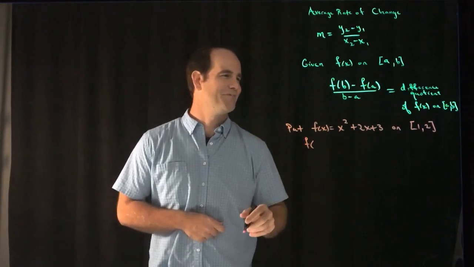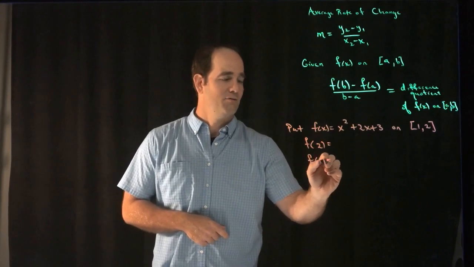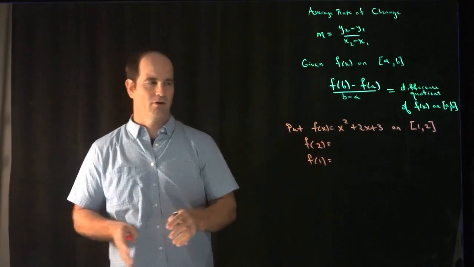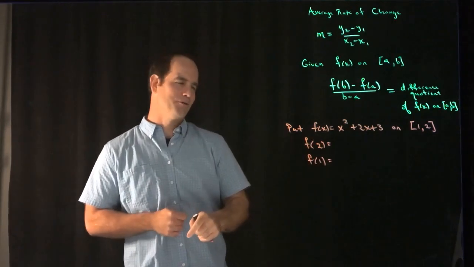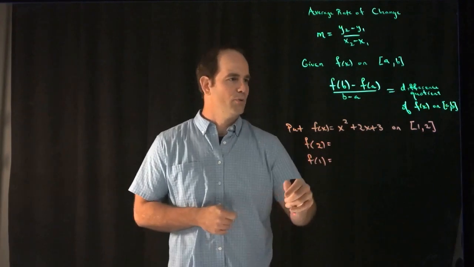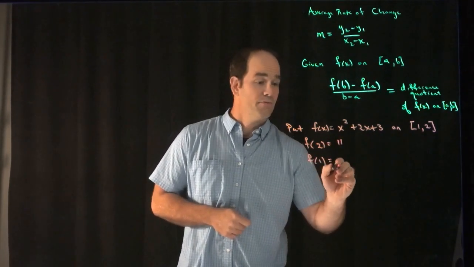Tell me what those are off to the side. It's sort of a way to check that if you find an error in your work later, was it based on a faulty calculation? So if you plug in 2, we're going to get 11. If you plug in 1, 3, 4, 5, you get 6.